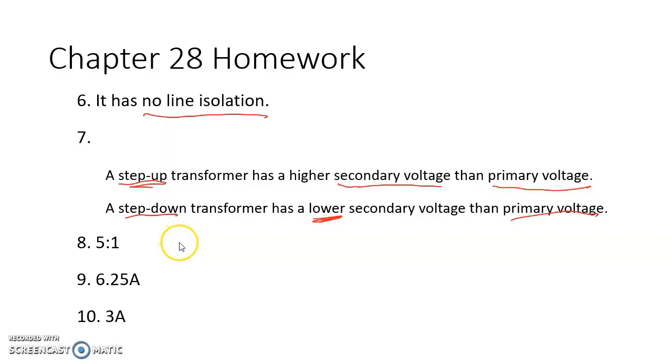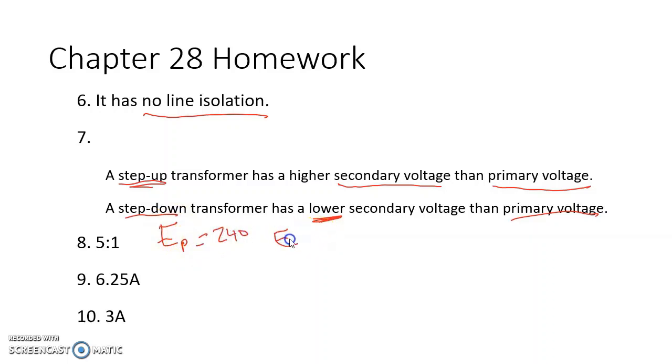Number 8, we have a transformer with a primary voltage of 240 volts and a secondary voltage of 48 volts. The question asks, what is the turns ratio of that transformer?